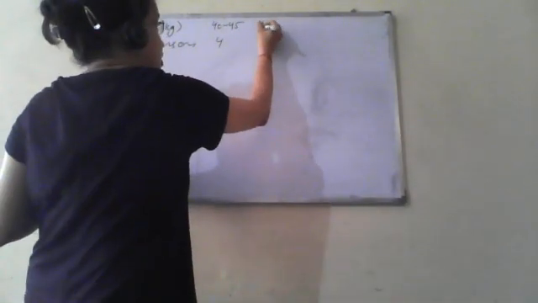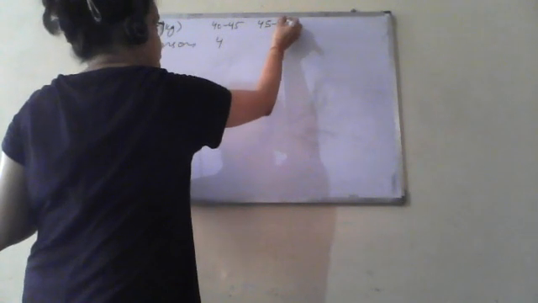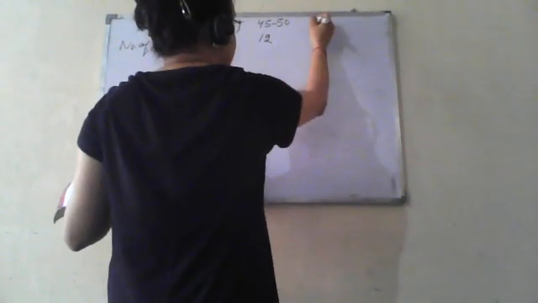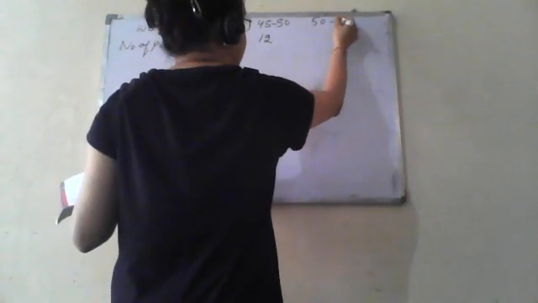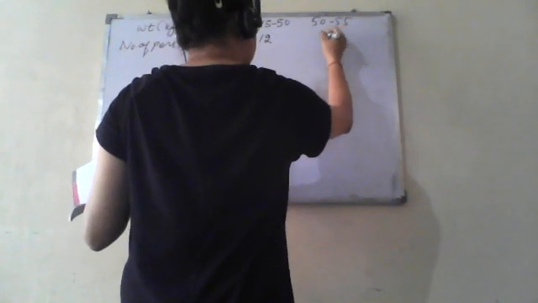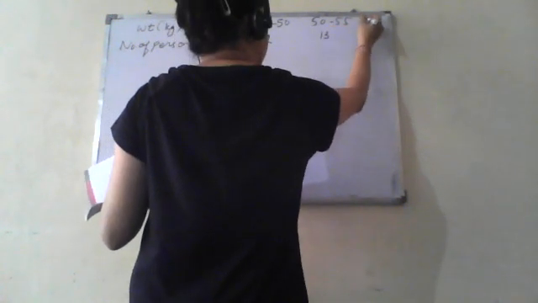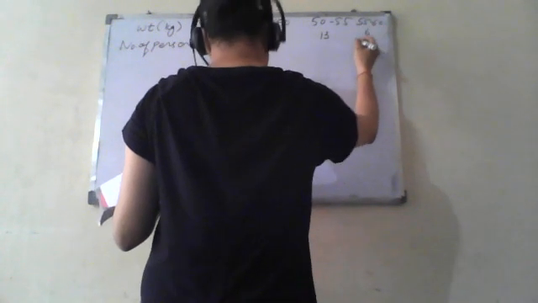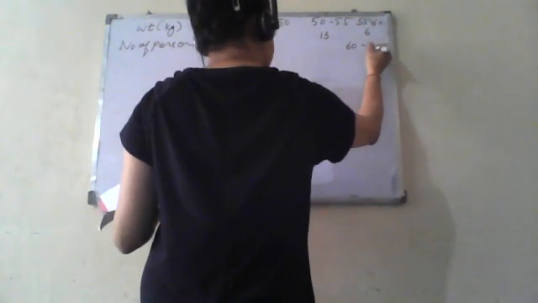Between 45 to 50 there are 12%, and between 50 to 55 there are 13%. Between 55 to 60 there are 6%, and between 60 to 65 there are 5%.